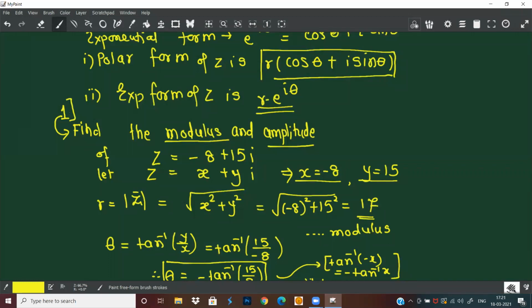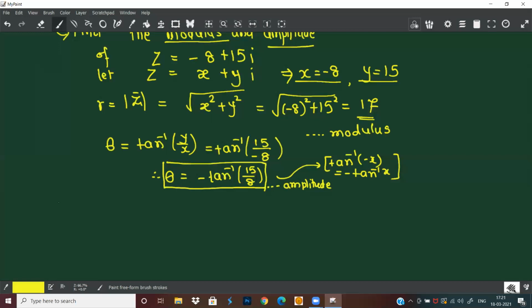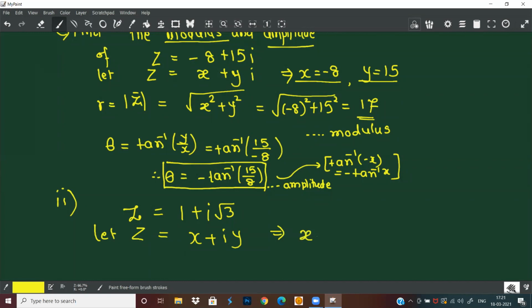Now you do the second part. You have to find the same, modulus and amplitude. Your z is 1 plus i root 3. Don't even look at the screen. No problem, I'm just writing it.